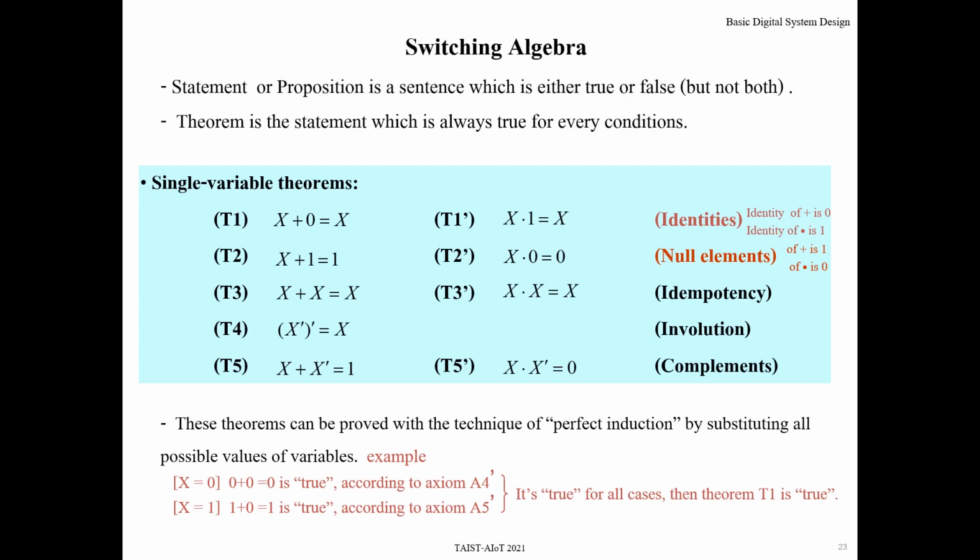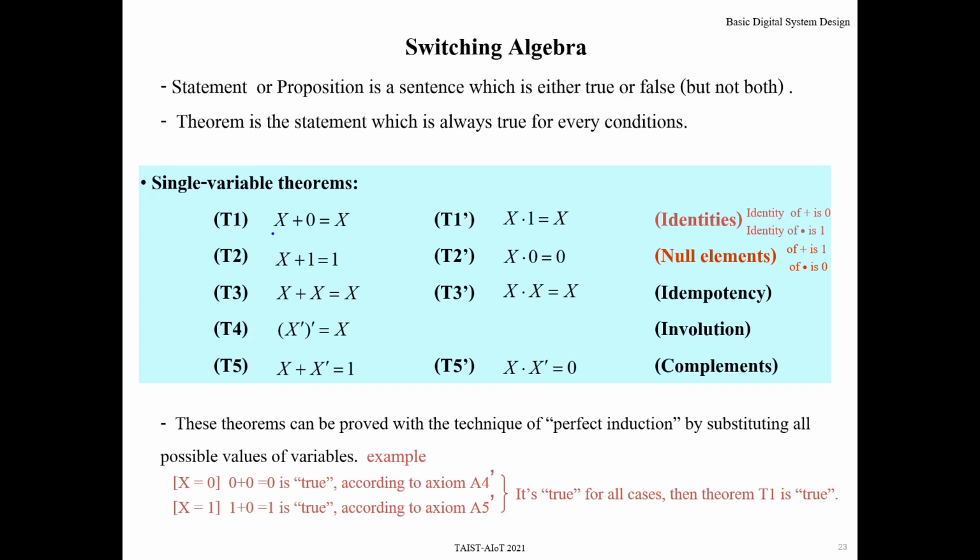Now, for switching algebra, there are many theorems. A theorem is a statement that is always true for every condition or every possible value of the input variable. For example, x OR 0, or x plus 0, is x, right? Because it's a digital system, the value of x can be 0 or 1.